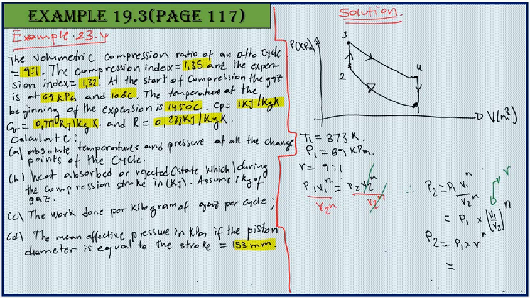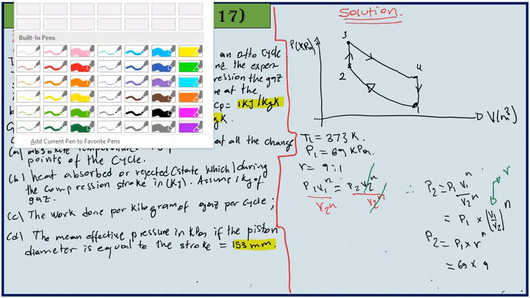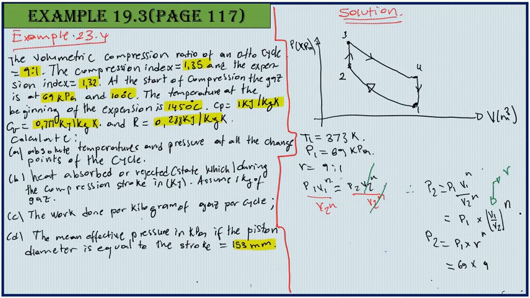So we have the value of P1, which is 69, and then we have R, which is 9. So here we need to use N, the index value for the compression process. So we need to specify here NC, where C means compression.